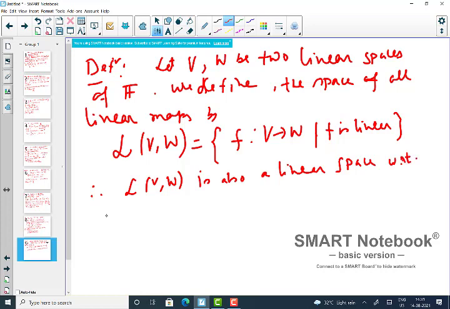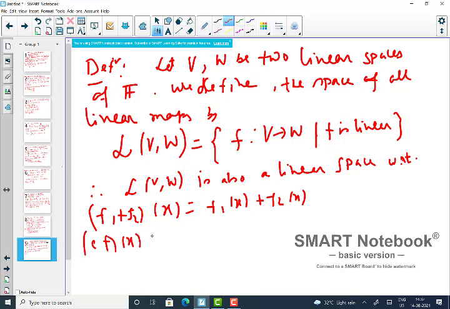The operation is this: (f1 plus f2)(x) is nothing but f1(x) plus f2(x). This is the addition, and scalar multiplication is (c times f)(x), which is c times f(x). If you take f(x), then multiply by c. With respect to these two operations, L(V,W) will be a linear space.